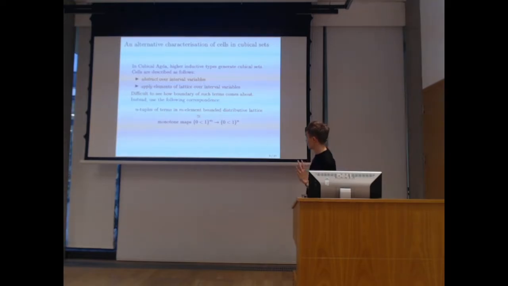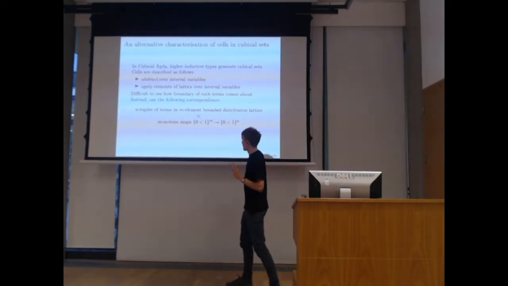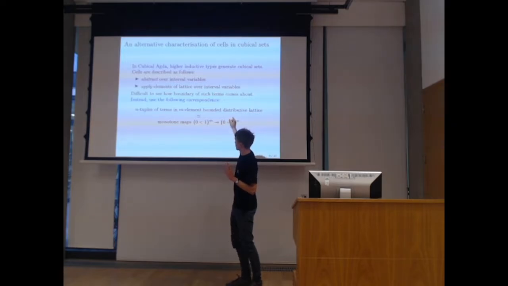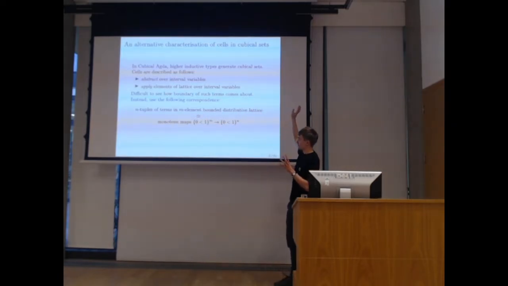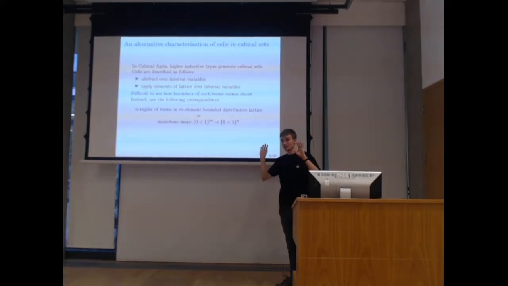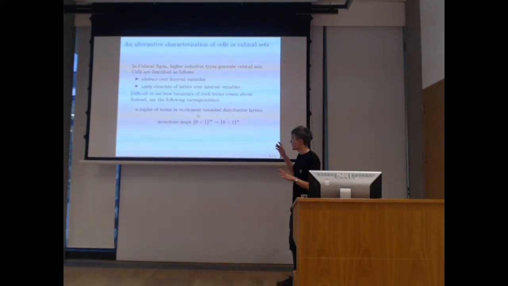And this is the correspondence between these n-tuples of elements in a bounded distributive lattice. So we are not talking about De Morgan cubical type theory here, just about Dedekind cubical type theory, so we don't have reversals for now.